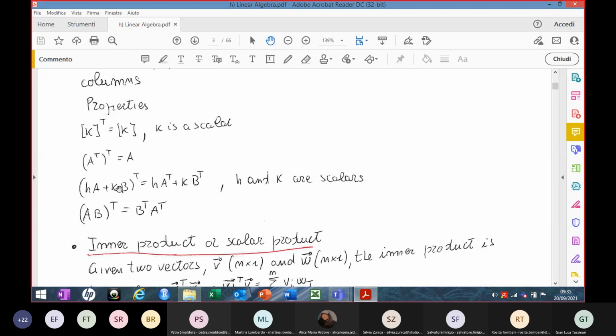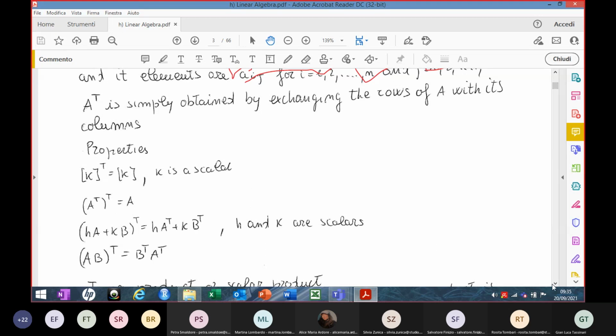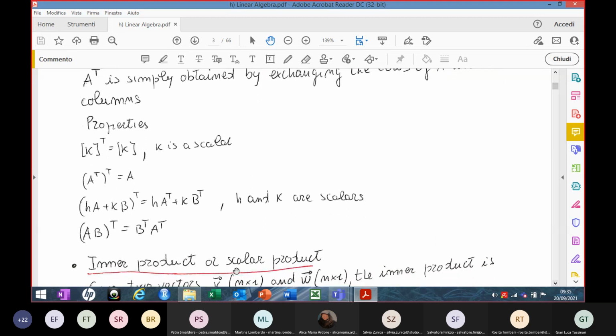This is called, guys, linear combination. If you have a constant that multiplies a matrix plus a constant that multiplies another matrix, assuming that A and B have the same dimension, you know that the sum is feasible.